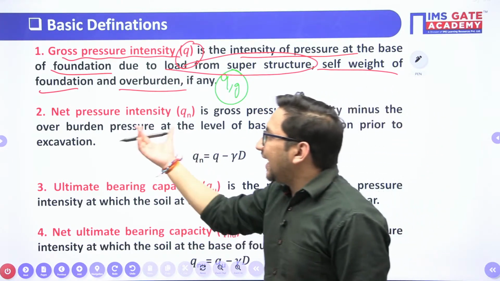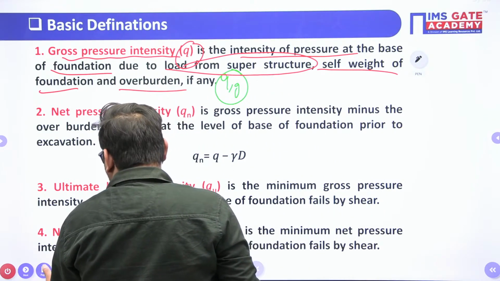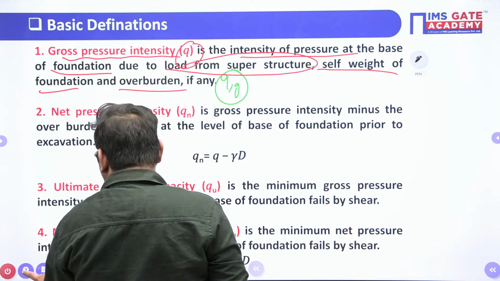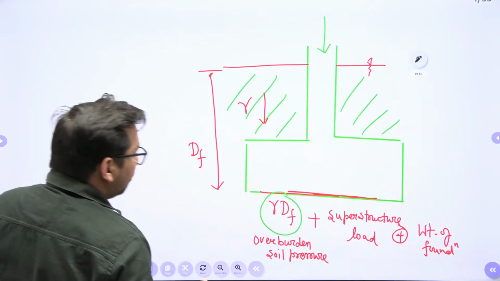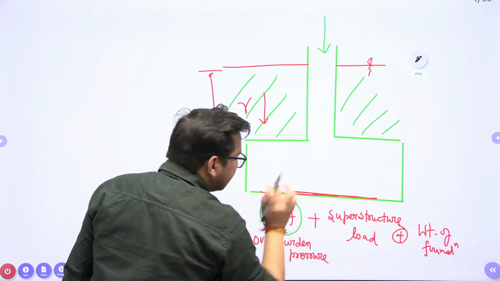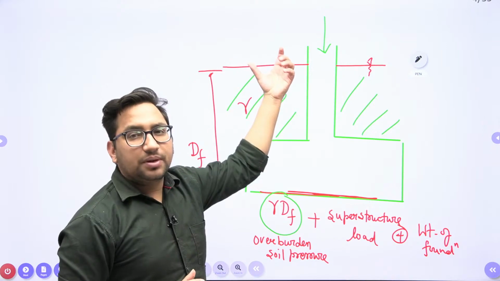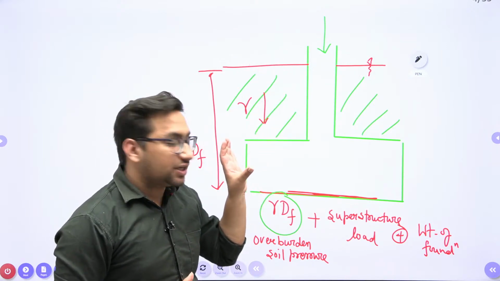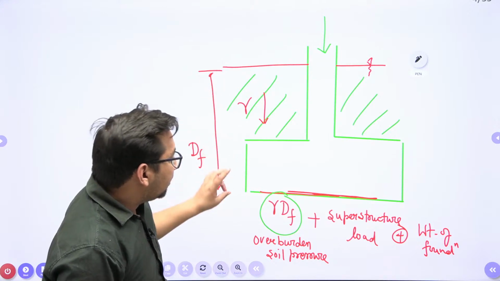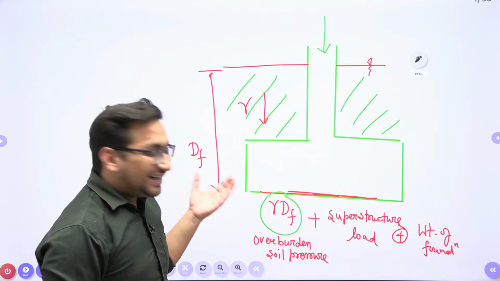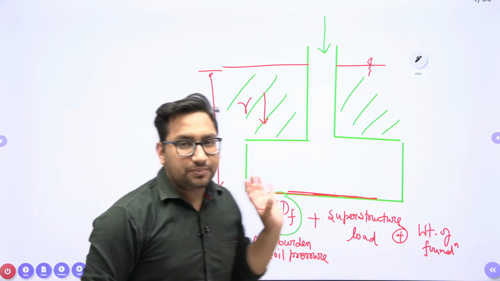Second term is our net pressure intensity. Now what is this net pressure intensity? Now try to understand. If I talk about the stress value at this particular point before construction of our structure, this overburden pressure was there. Even before the construction of our structure, this particular soil was subjected to this overburden pressure.